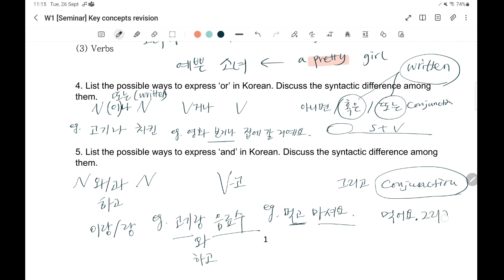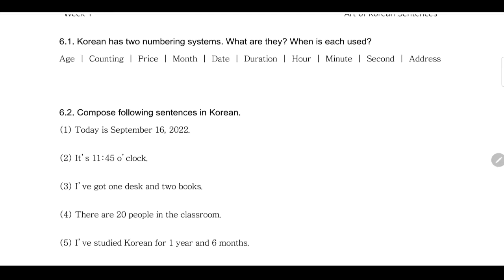And 그리고 마셔요. Typical mistakes I observed from when you're year 1. You used 하고 instead of 그리고, didn't you? Some of you did. So you said blah blah blah 해요, 하고 blah blah blah 해요, which is wrong. Okay? Because 하고, you only use it with noun and noun form.